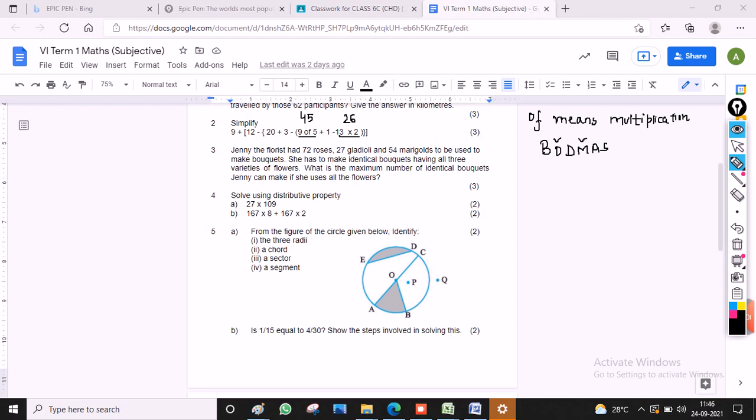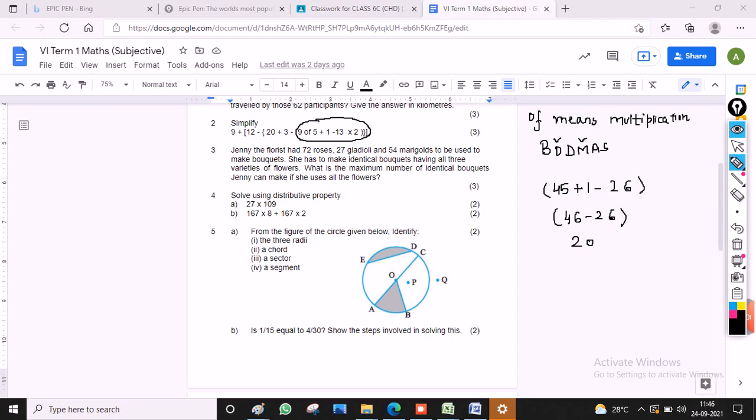So the innermost bracket is 45 plus 1 minus 26. So 45 plus 1 is 46. 46 minus 26 is 20. So this whole bracket, if I remove it, now reduces to 20.